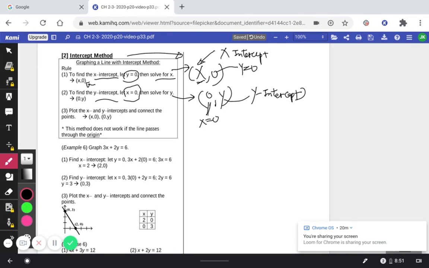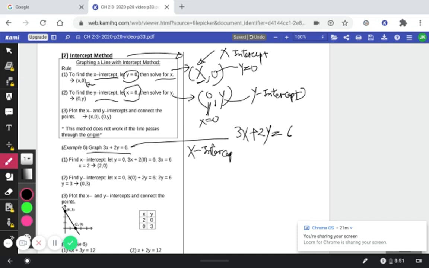So let's graph 3x plus 2y equals 6. From 3x plus 2y equals 6, to find the intercept, guess which one you plug in as 0. Okay, to find the x-intercept, plug y as 0.